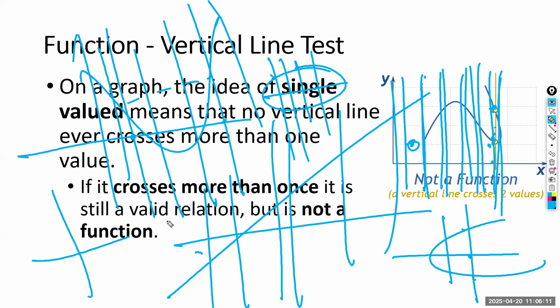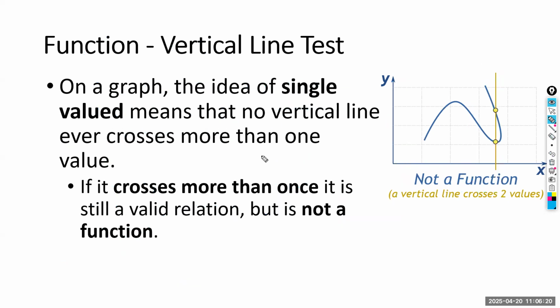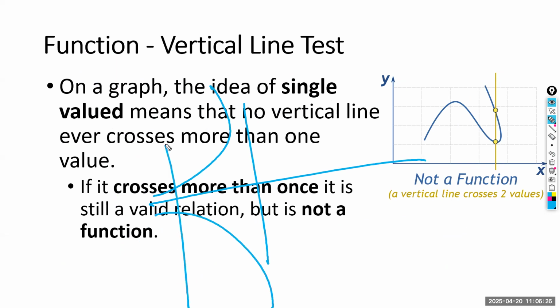For example, this is a function because it passed the vertical line test. But this is not a function, because you can see for one x value there are multiple possible y values.